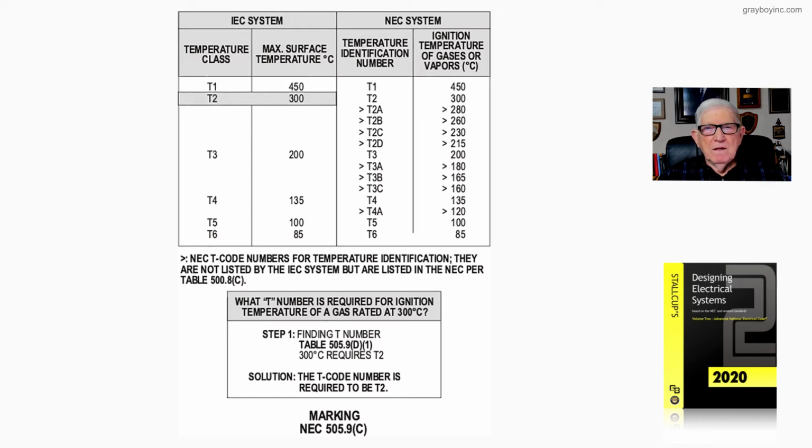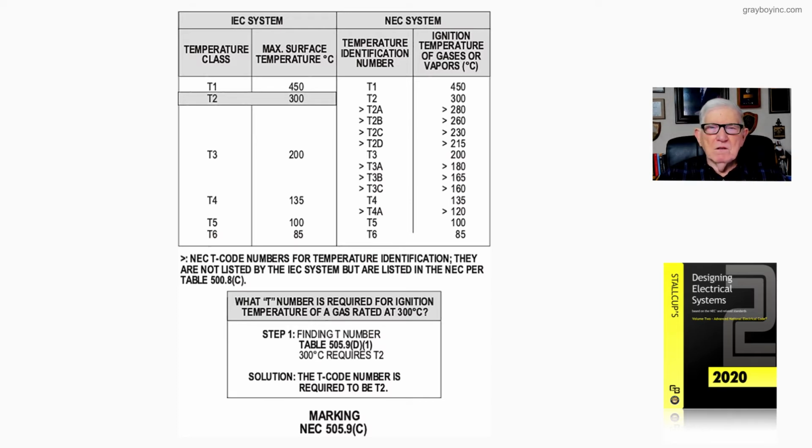Now, notice the T-code letters that you use here, say a T1 code letter, and then a T2, T3, T4, T5, and T6. If you had a T2, that'd be 300 degrees Celsius for your surface temperature for this piece of equipment, and that's what you have to use.